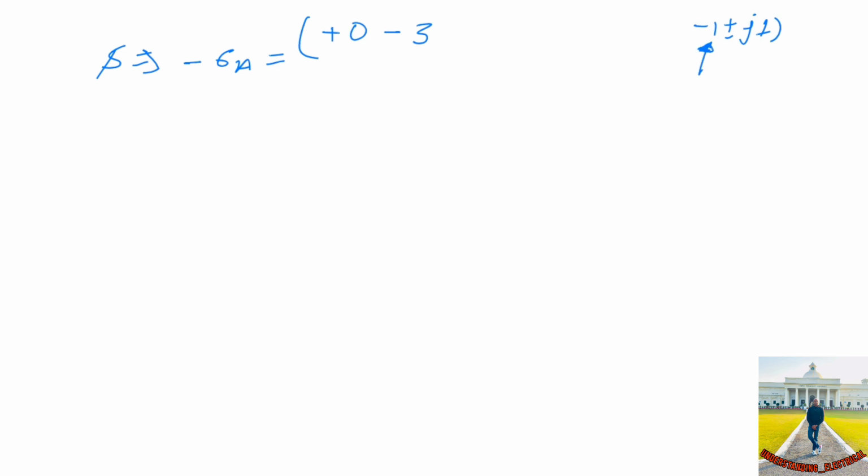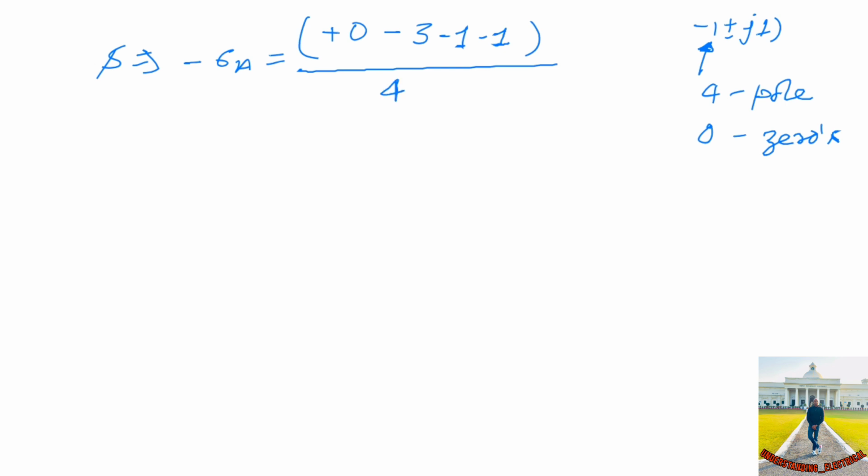So minus 1 is the real part of these two poles, and we don't have any zeros, divided by the number of open loop poles minus the number of open loop zeros. We have 4 poles in the transfer function and 0 zeros, so n minus m will be 4, and the centroid from here will be minus 1.25.